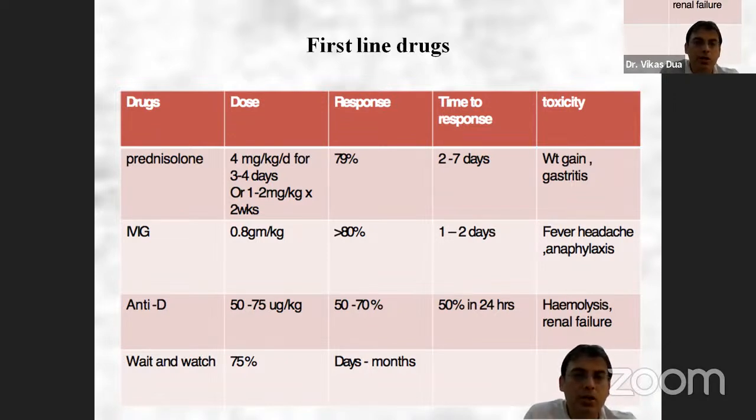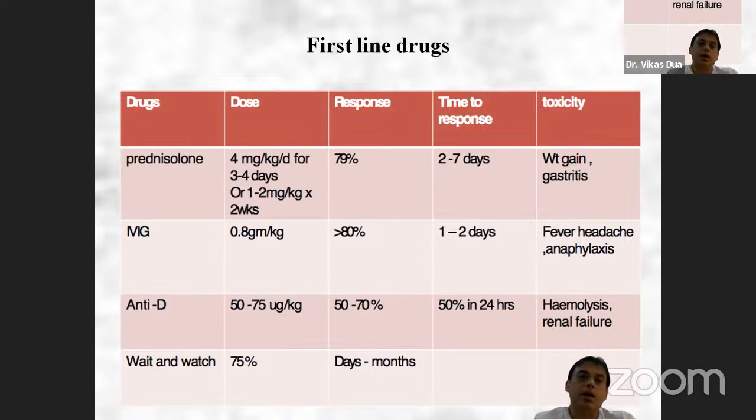No, even a single dose is sufficient, and you see a response in around 80% patients, and the response is usually fast. In 24 to 48 hours, the platelets rise. And similarly, anti-D, which is difficult to arrange nowadays in India, the dosage is 50 to 75 microgram per kg, and that also works in around 50 to 70% patients, and roughly in 24 to 48 hours, you will see a response.